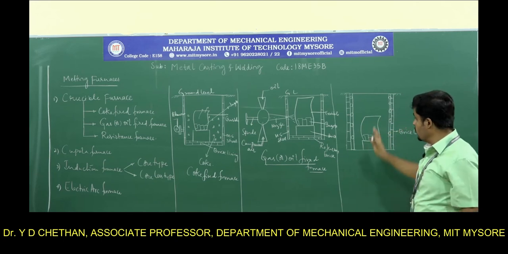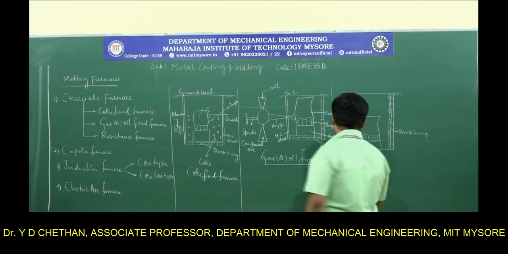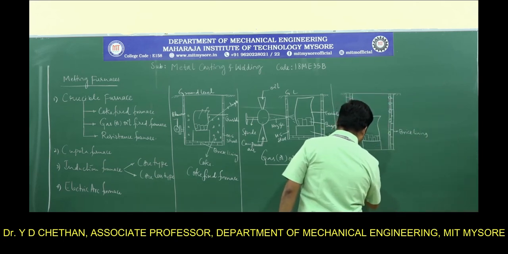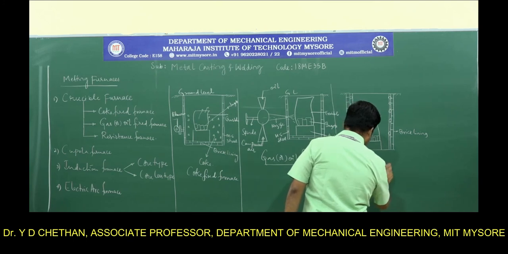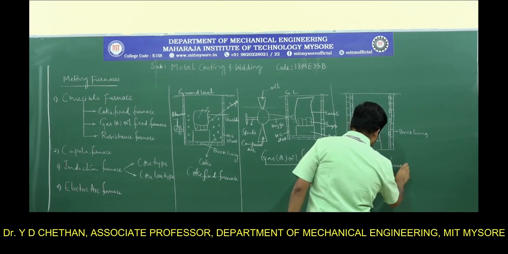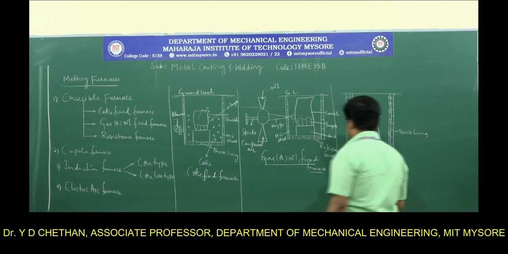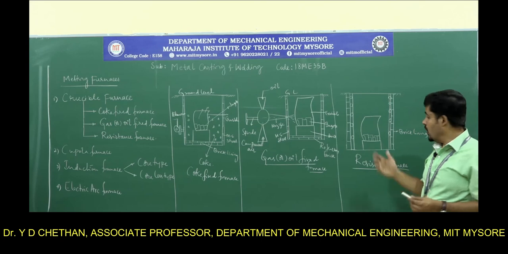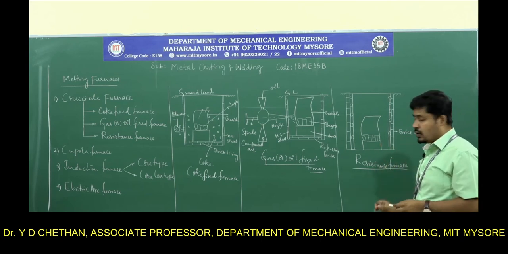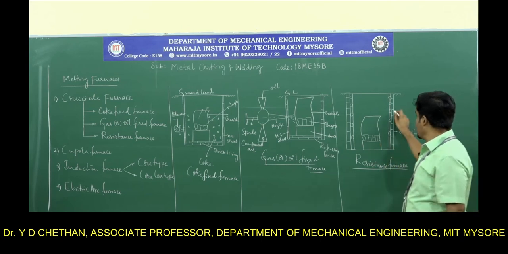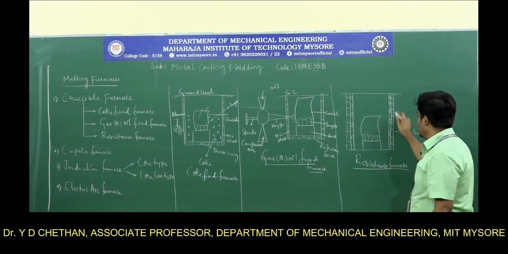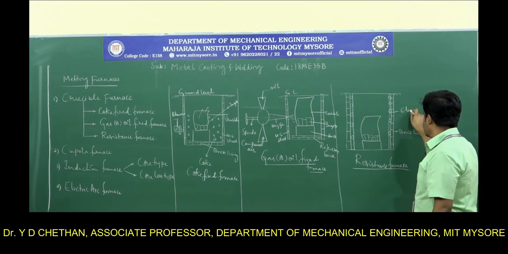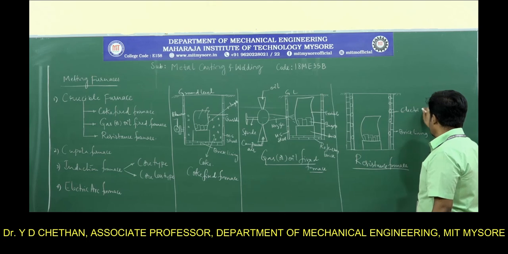The next one is the resistance furnace. Here again the setup remains the same, but the heat source is electric. It has a brick lining, and these are the electric coils.